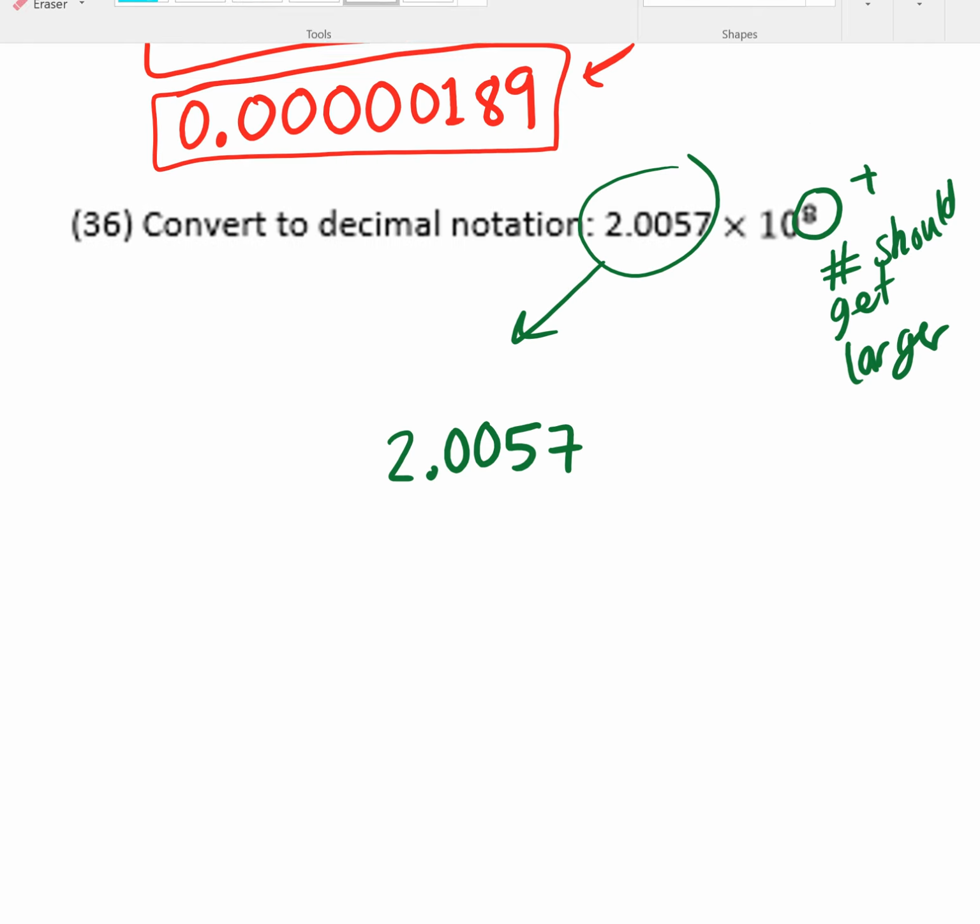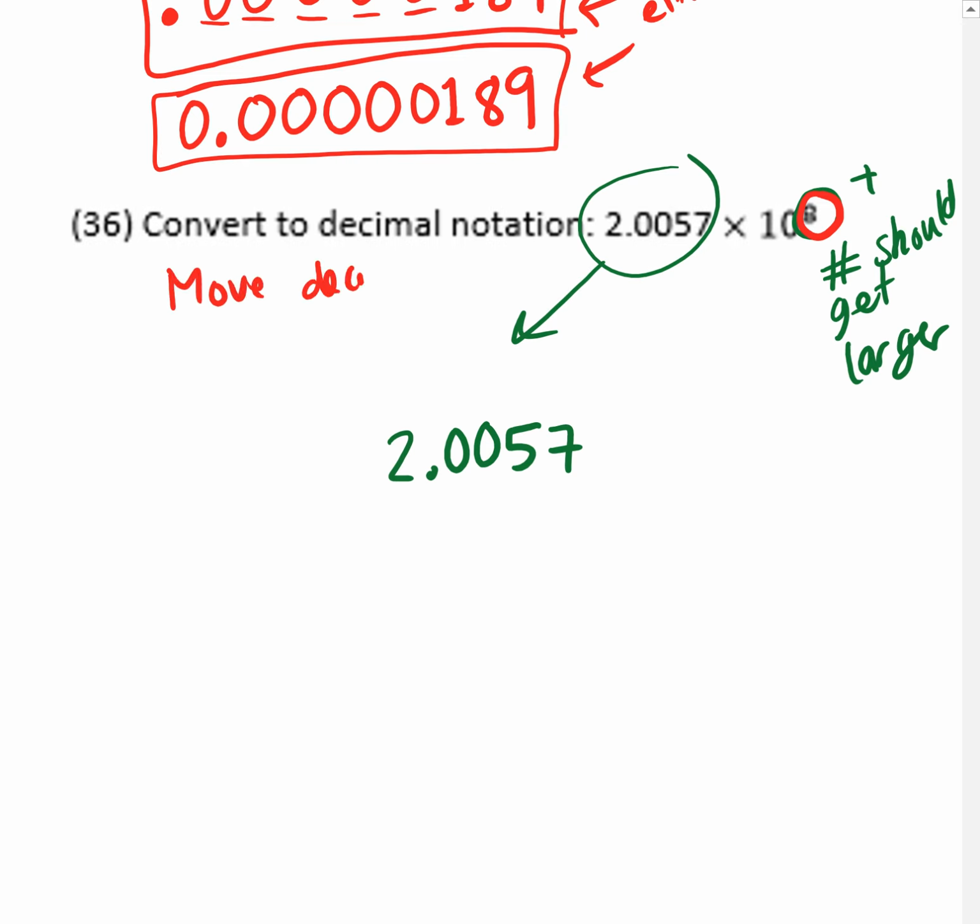So I must be moving it to the right 8 times, whatever this number is here. Okay, so I got once, twice, 3, 4. So 4 times would move it past the 7, but I have to move it 8 times. So it's 4 times 5, 6, 7, 8.